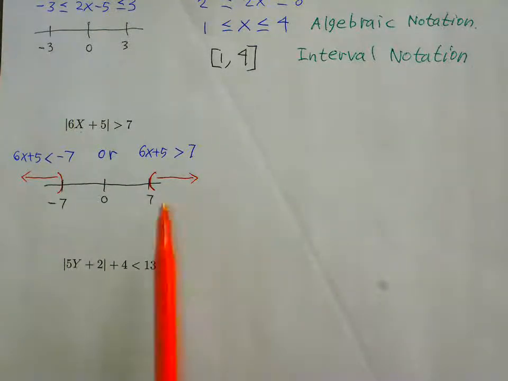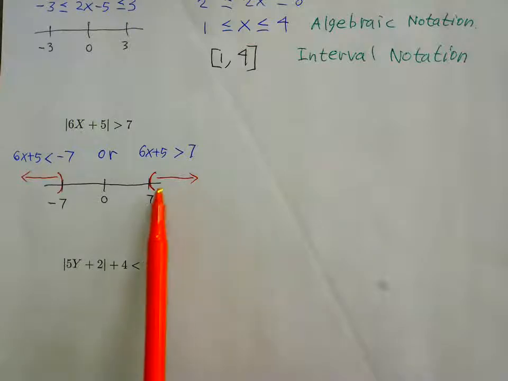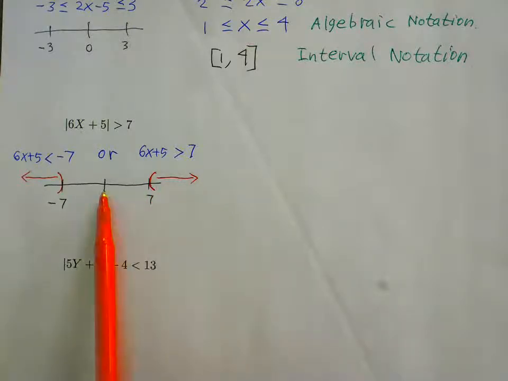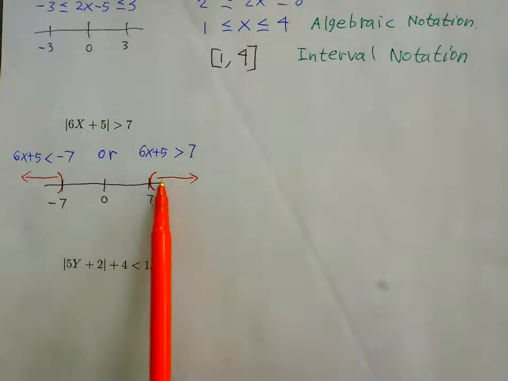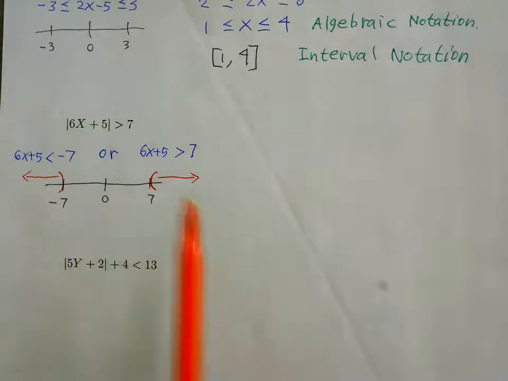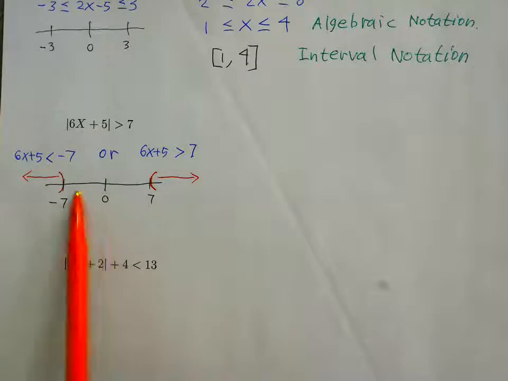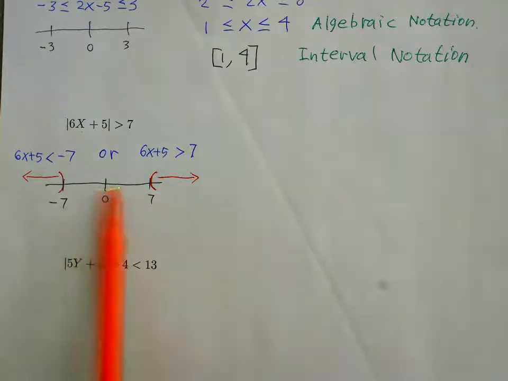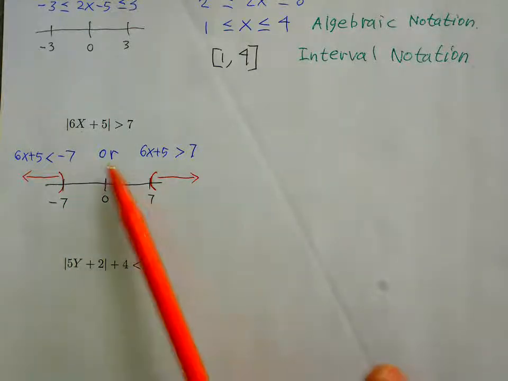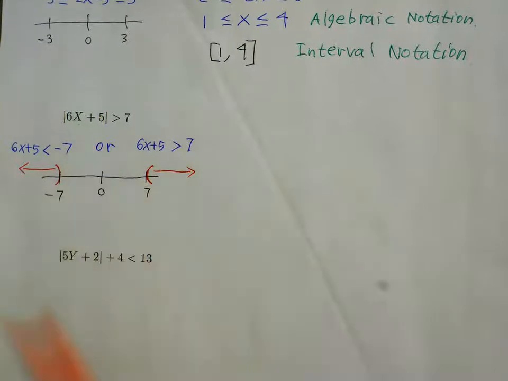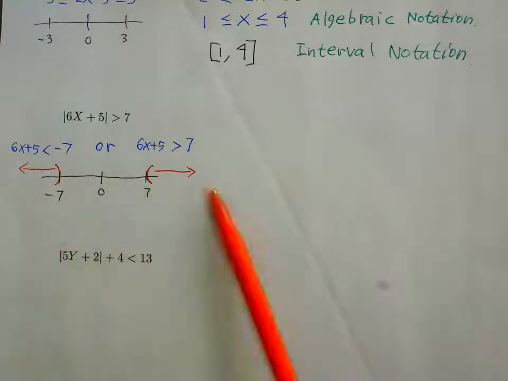That number cannot get any closer to 0 than in one of those two sets. But since those two parts of the number line are separated by an interval, we use the word or, because a number can only be in one of those two places at once.